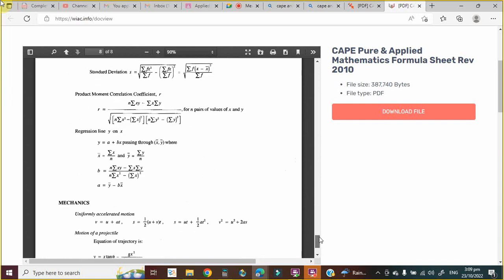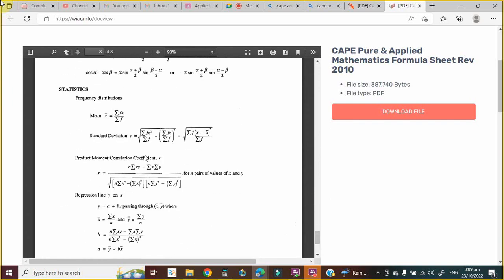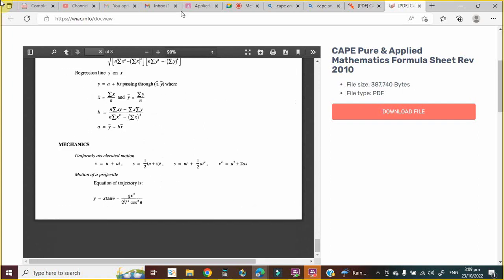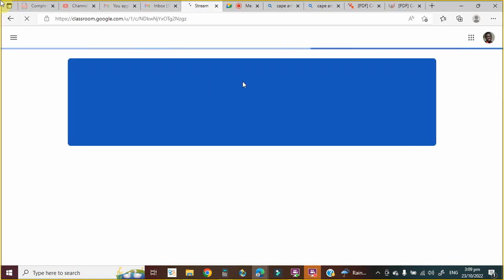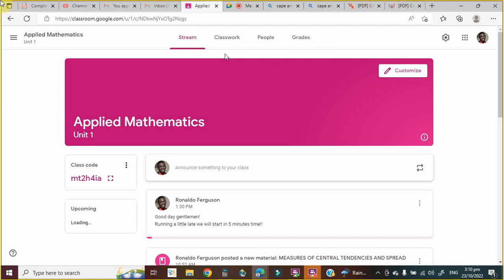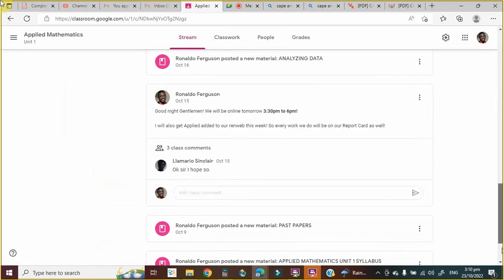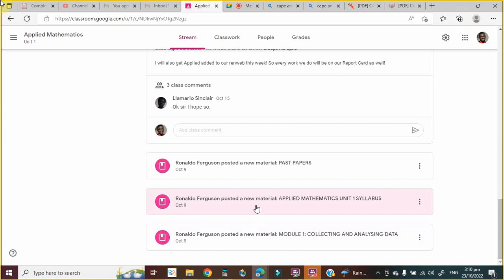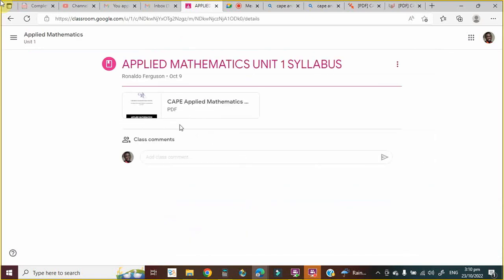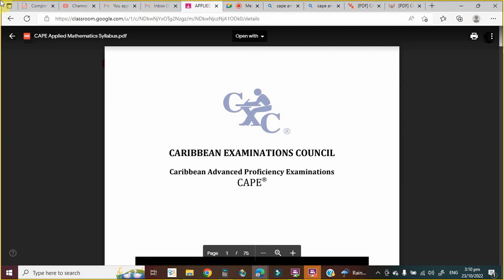Alright? Again, they give us product moment correlation coefficient. We learned this in module 3, which is regression analysis. Oh, I'm so stupid. I remember I uploaded in the class stream. I uploaded the syllabus. The syllabus also has the formula sheet. So gentlemen, I hope you've been going through the applied math syllabus. The formula sheet is always in the syllabus itself.